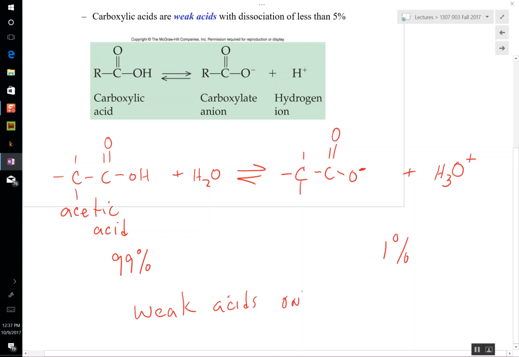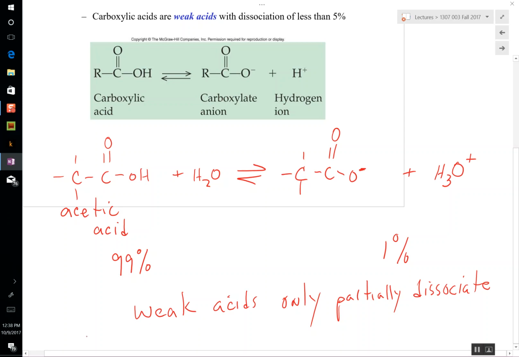They only partially dissociate. In contrast to something like HCl, which is a strong acid, and it dissociates 100%.